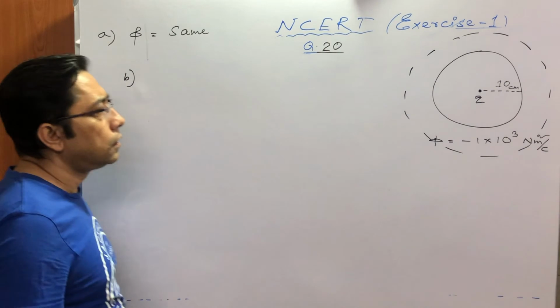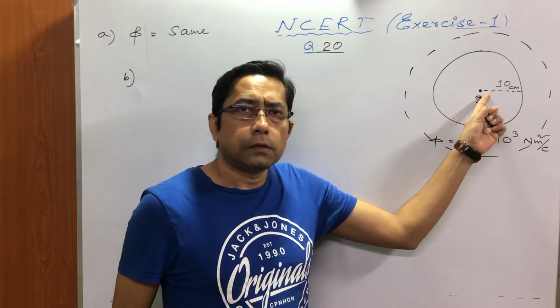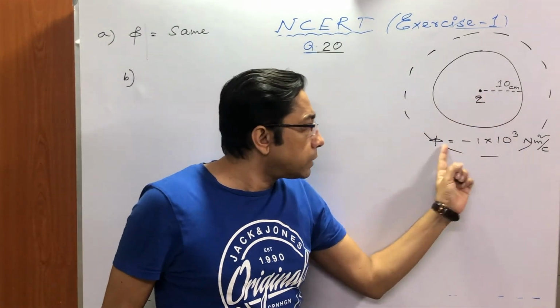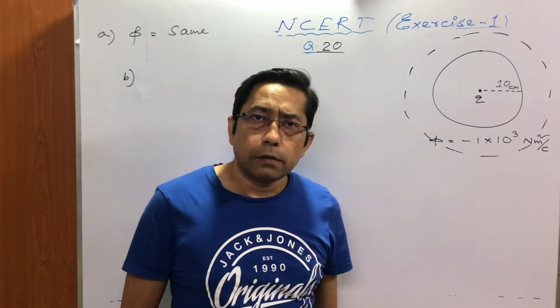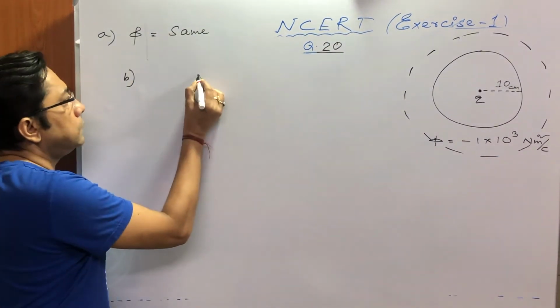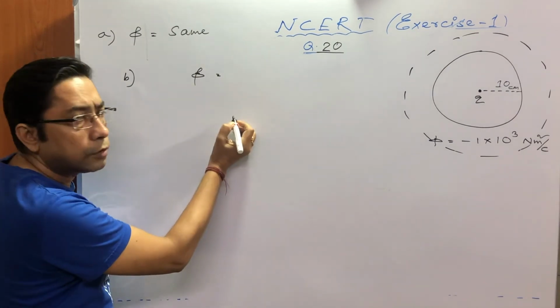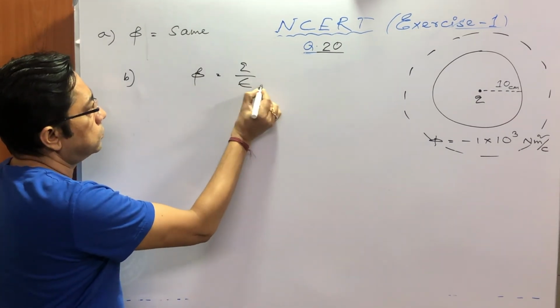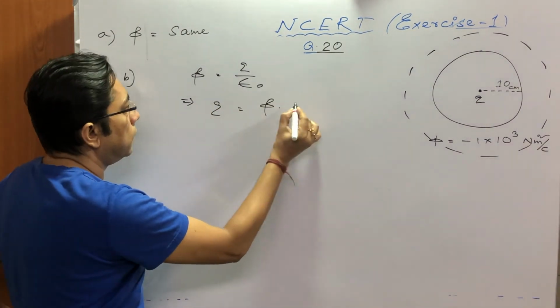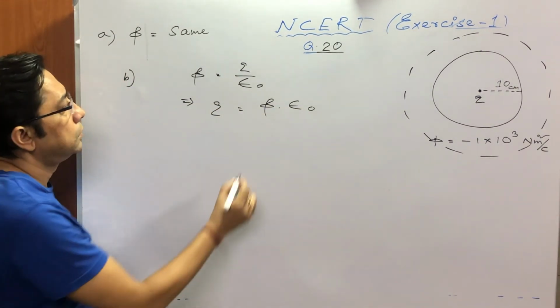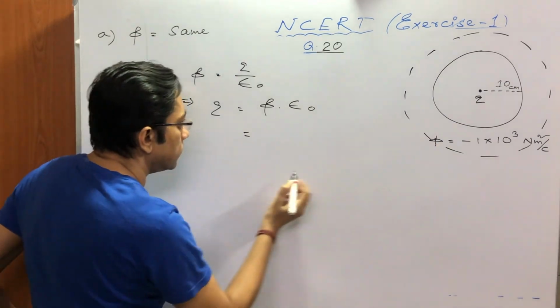Second part, B. They have asked how much charge is placed at the center so that this much flux is generated. So easy. From Gauss's theorem, flux equals Q by epsilon naught. That is, Q should be equal to flux into epsilon naught. Flux is this much.